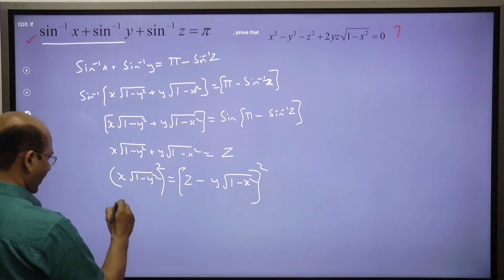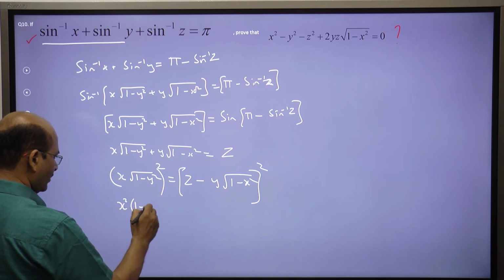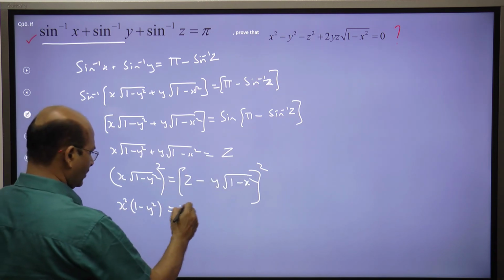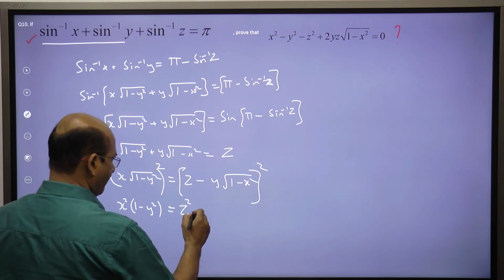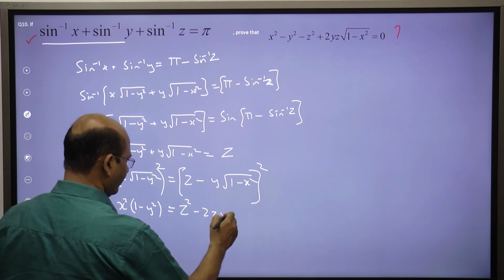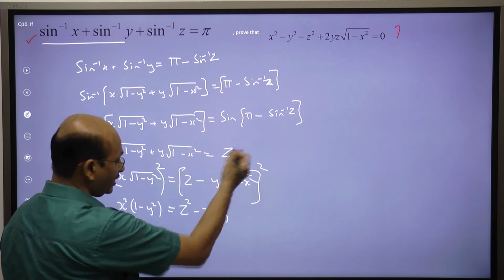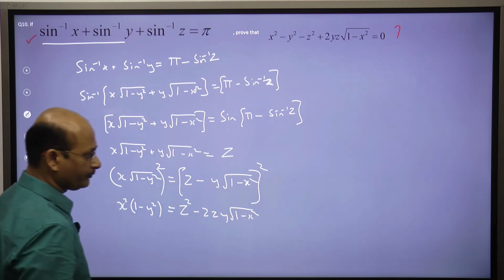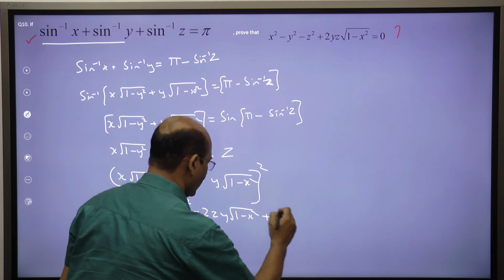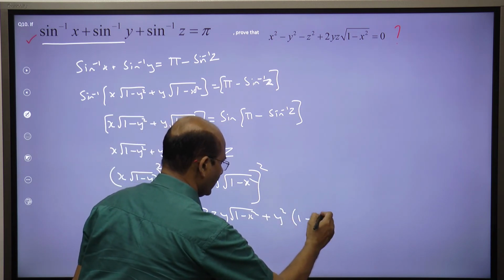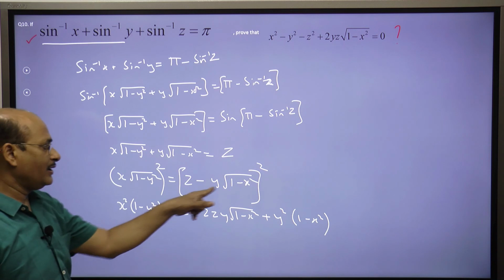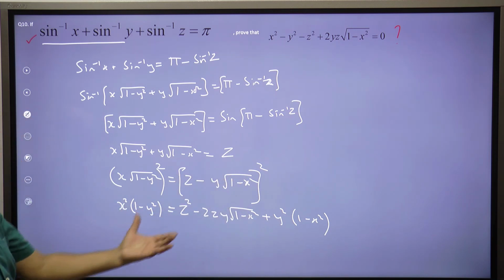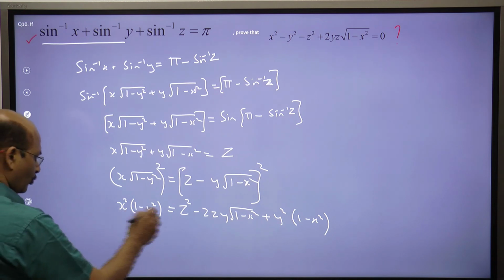So this will become x square times 1 minus y square is equal to, what will happen? z square minus 2zy root of 1 minus x square, a minus b whole square is a square minus 2ab plus b square, which gives plus y square times 1 minus x square. Apply the identity formula. Once you finish with this, I think my job is over. I can open this up.